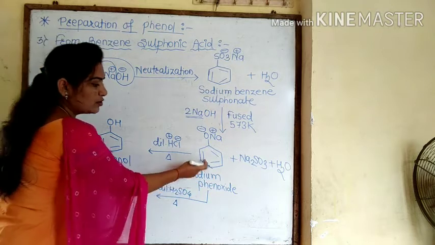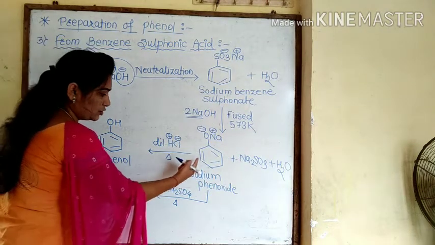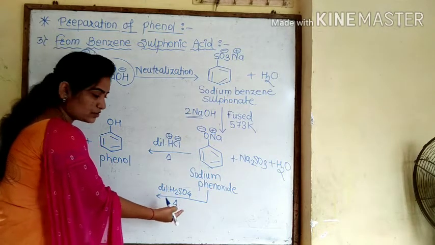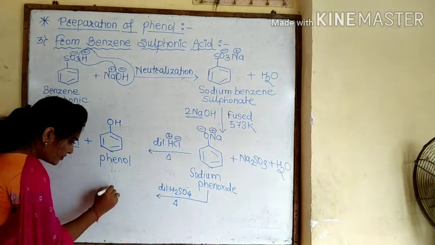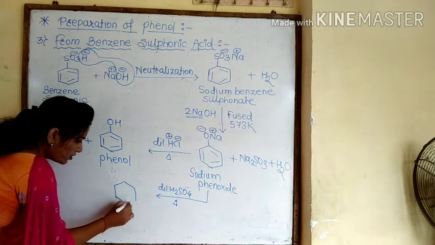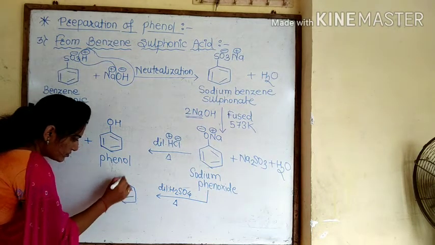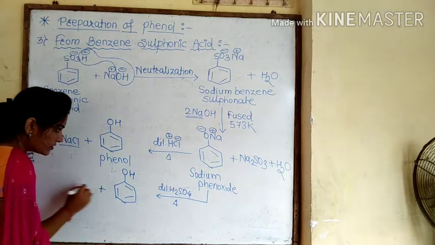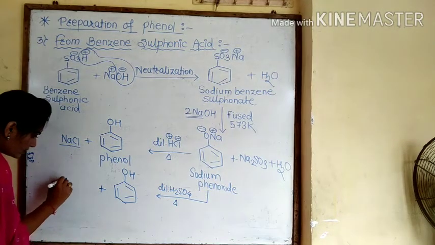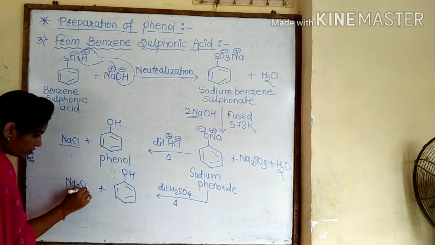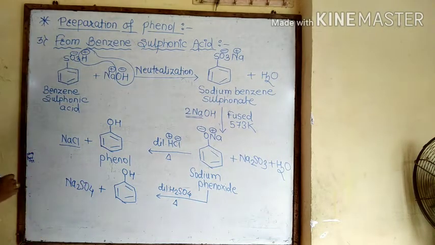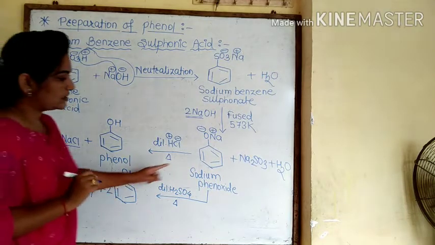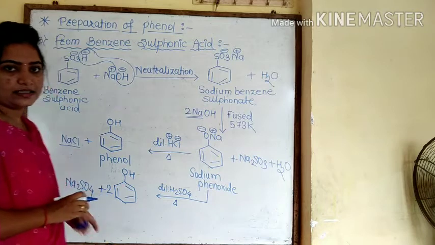Here we take 2 moles of sodium phenoxide. When 2 moles of sodium phenoxide react with dilute H2SO4, we again get formation of phenol, plus loss of Na2SO4, sodium sulfate, and there is formation of 2 moles of phenol.